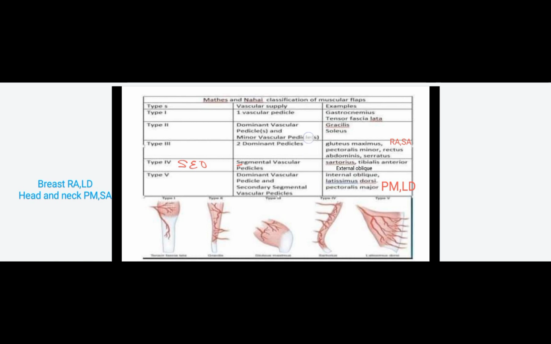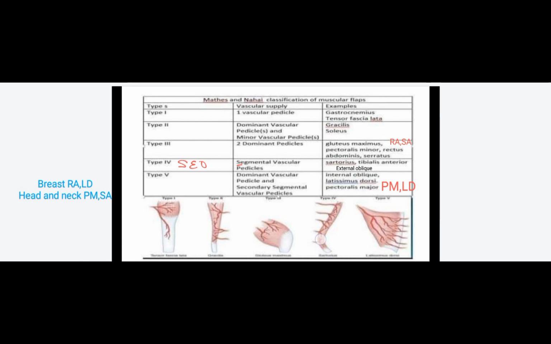Then type 3 is two dominant pedicles. Up to 1 and 2 we were having only one dominant pedicle, while here we have two dominant pedicles, and these are present in gluteus maximus, and then we have the pectoralis minor, rectus abdominis, and serratus anterior. Remember by RASA. And pectoralis minor and gluteus maximus.